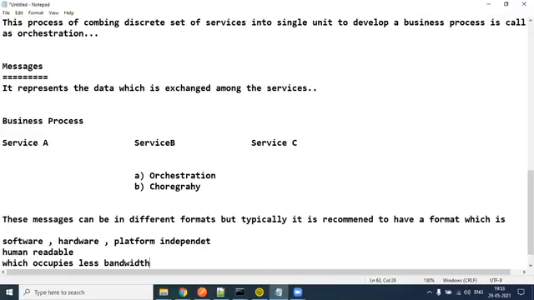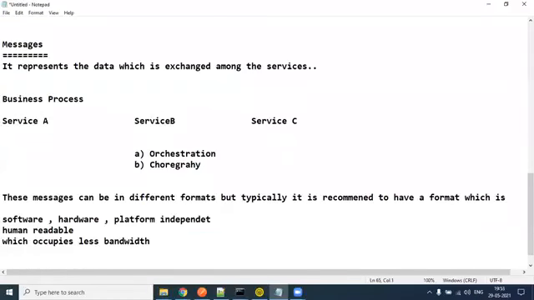So these services communicate with each other, and while doing so, they exchange some data which is termed as messages. And generally, the tendency is we should have a message in a format which is software platform independent, human readable, and occupies less bandwidth.